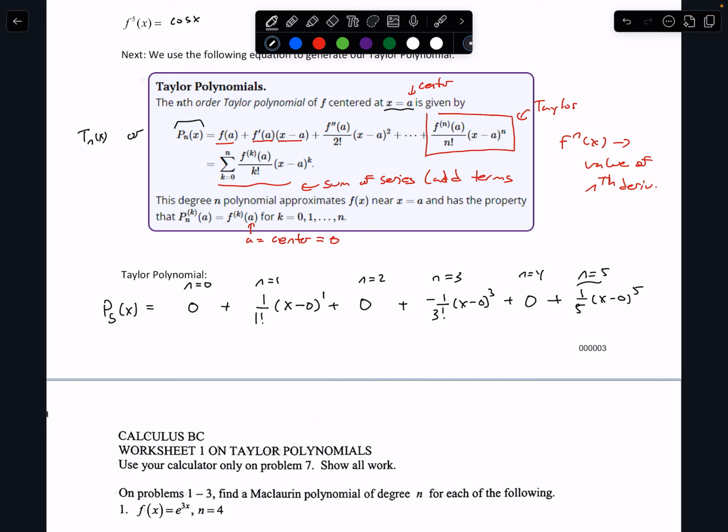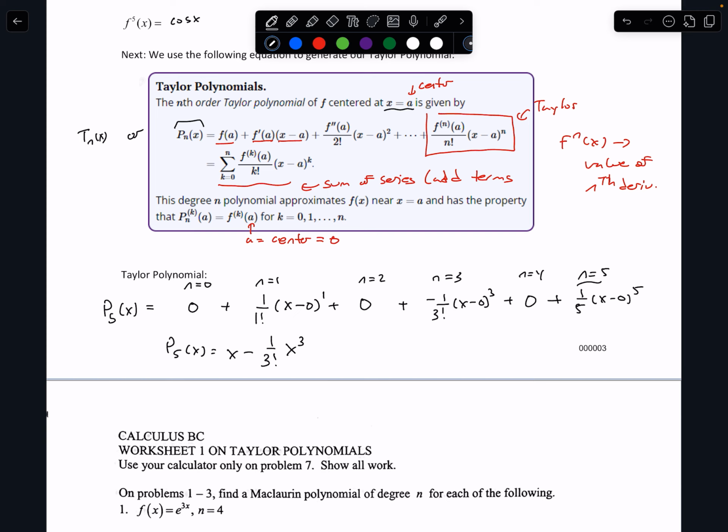And we could rewrite it by simplifying it. 1 factorial is just 1, so this just becomes 1x minus 1 over 3 factorial. Whoops, sorry, 1 over 3 factorial. Now that's just 6, by the way. We'll talk about that later on, okay? x cubed.